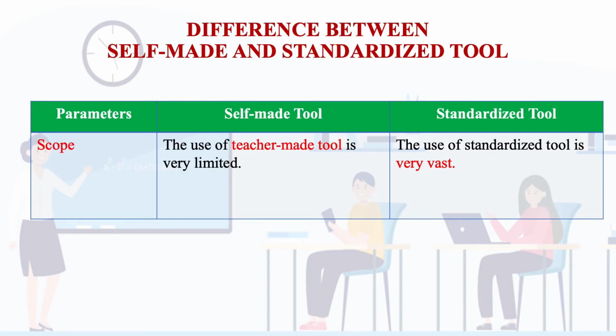Let us go forward. So far as the parameter of scope is concerned, we can say that for the self-made or teacher-made tool, the scope is very limited, because it is useful only for this specific purpose, only for the particular class, whereas the use of a standardized tool is very vast, because it is not limited to a particular group of students and it is not limited to a particular place.